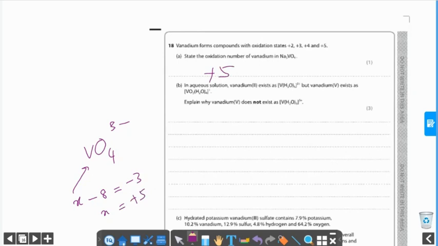In aqueous solution, vanadium 2 exists as hexaaqua vanadium 2+, but vanadium 5 exists as tetraaqua VO2+. Explain why vanadium 5 does not exist as hexaaqua vanadium 5+.